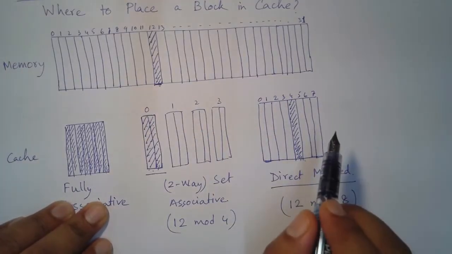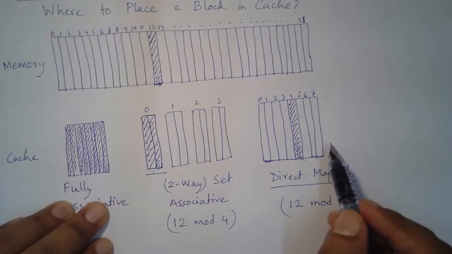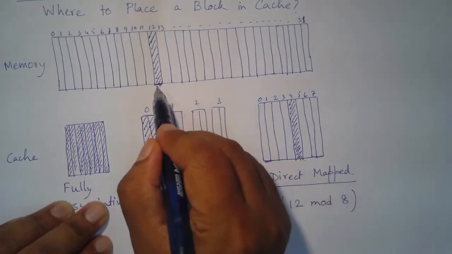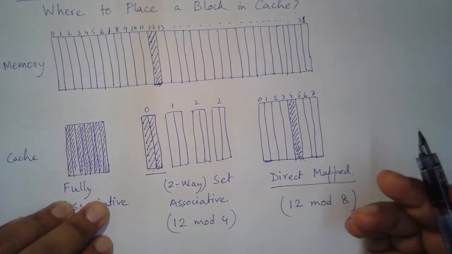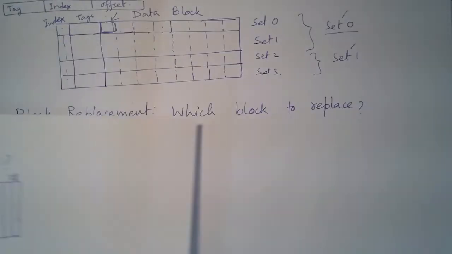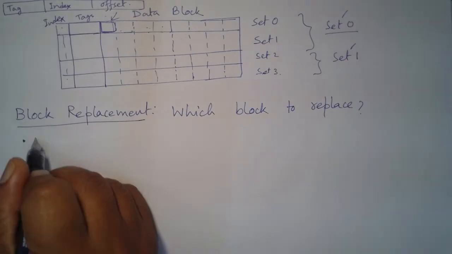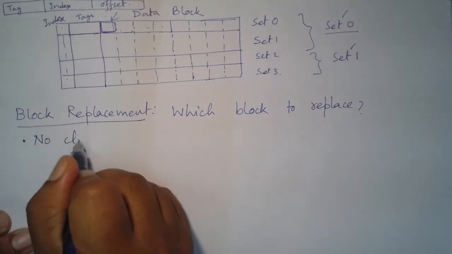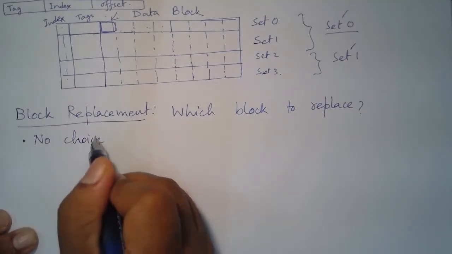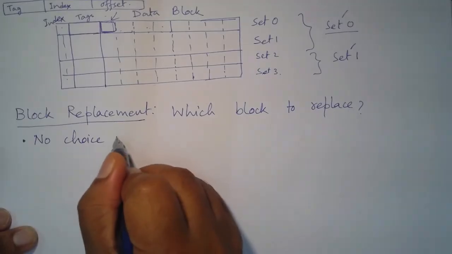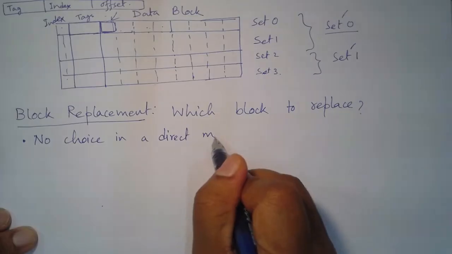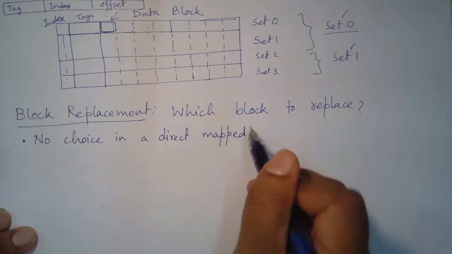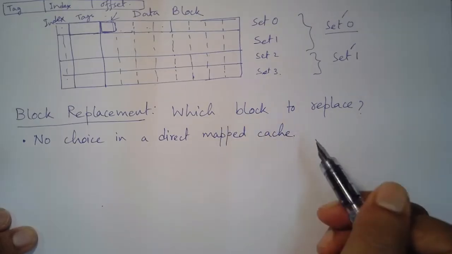Which block should I replace? There is no choice, because block number 12 will come here, so whatever is there has to be replaced. So basically no choice in a direct map cache.